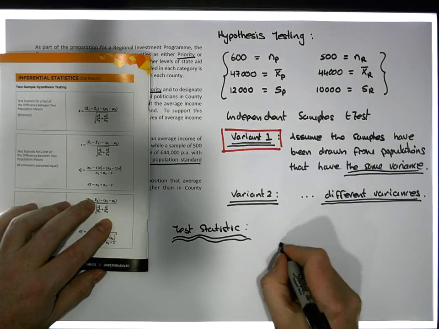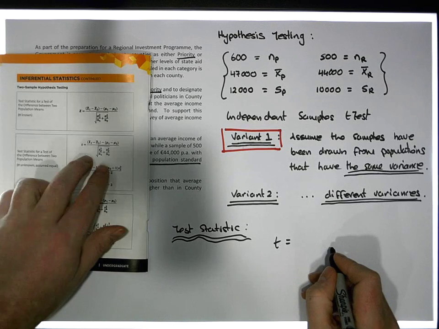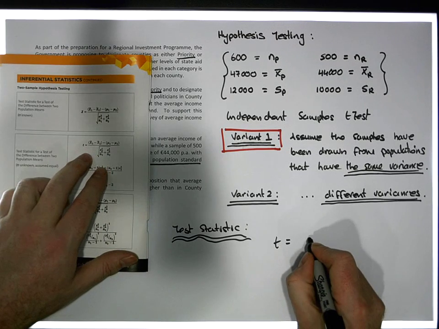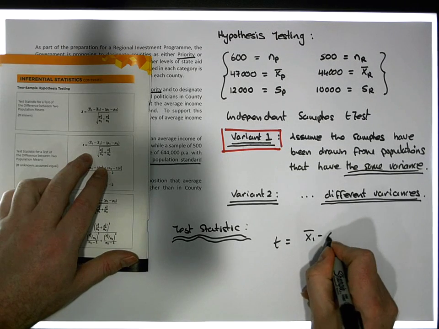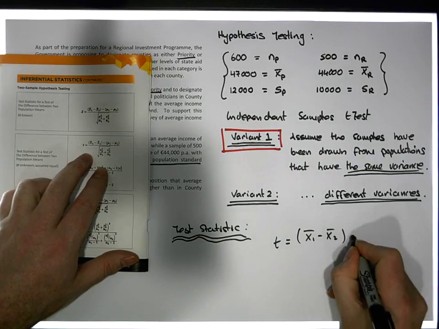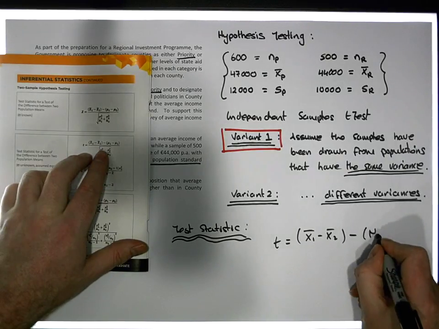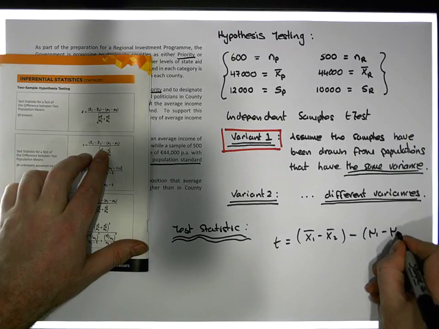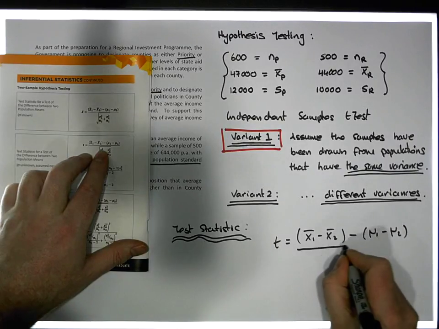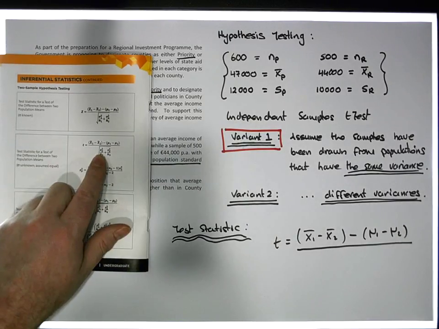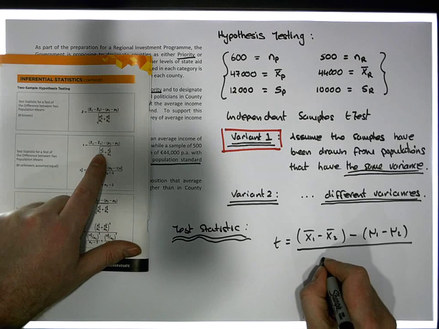It says that t is equal to the difference in the evidence, so it's x1 bar minus x2 bar, and it's how far that is away from the difference in the populations, so it's mu1 minus mu2, all divided by a measure of what's known as the pooled variance, so it's Sp squared.